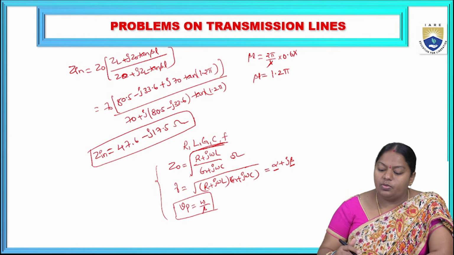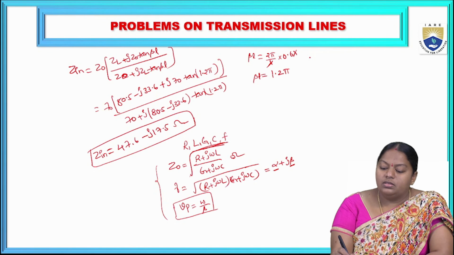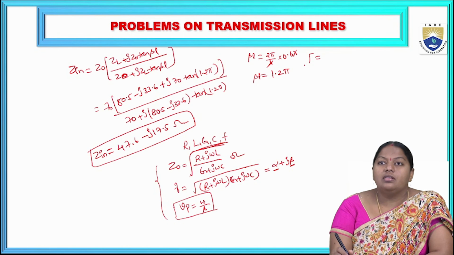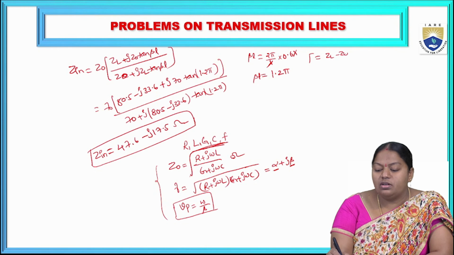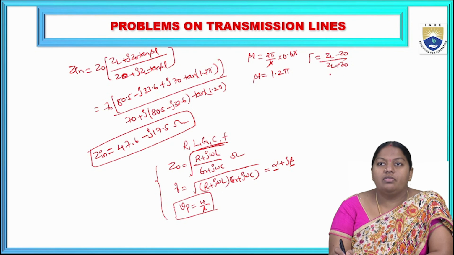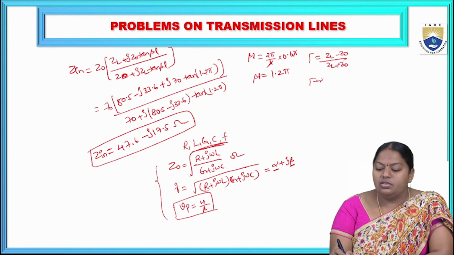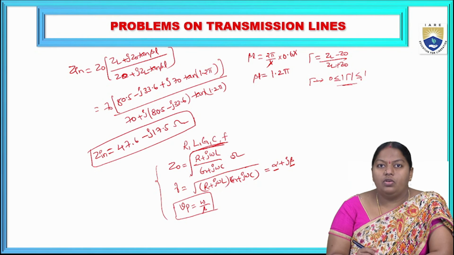In the second and third problems, we use the reflection coefficient formula gamma as ZL minus Z0 by ZL plus Z0. In this, ZL and Z0 values are directly given. Then from this we'll evaluate gamma, and this gamma ranges from 0 to 1, which means this value needs to be obtained in the range of 0 and 1 only.